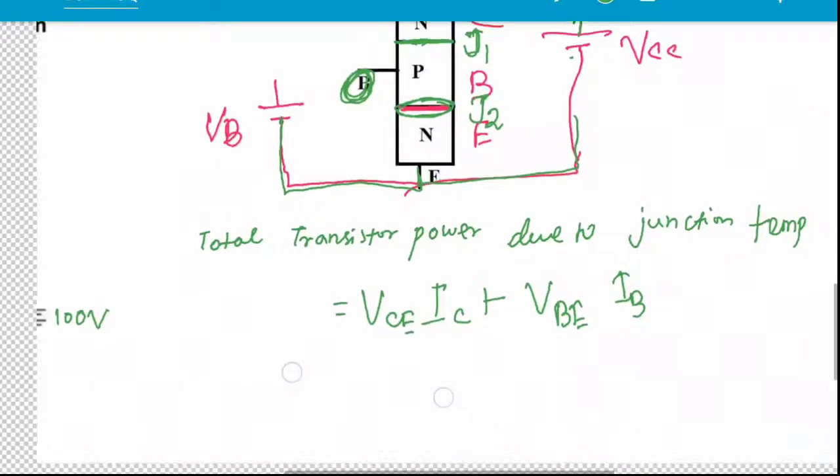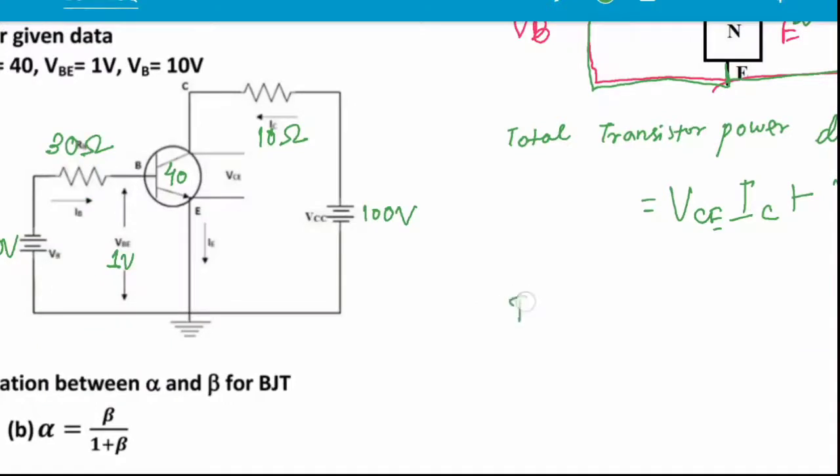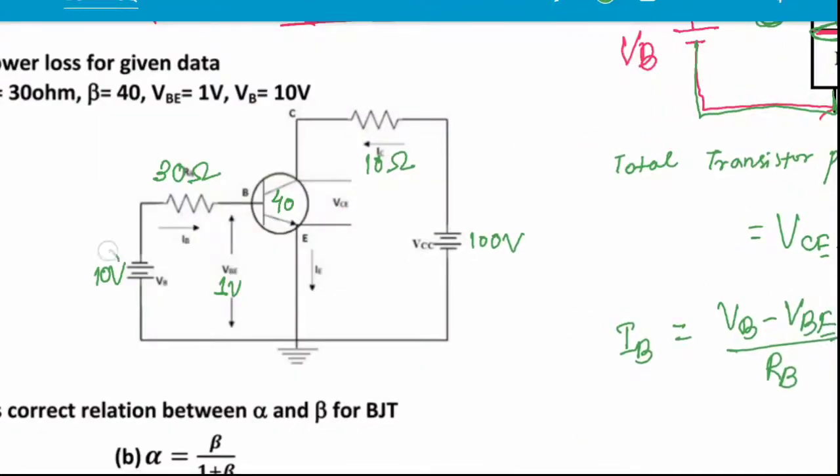So we will find the things here. IB is equal to VB minus VBE by RB, and this will be equal to 10 minus 1 by 30, which is equal to 0.3 ampere. So we are getting IB as 0.3 ampere.